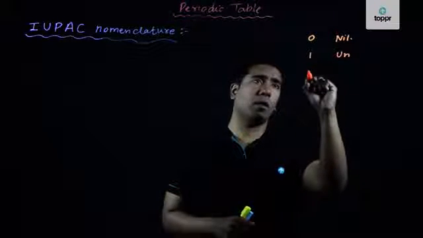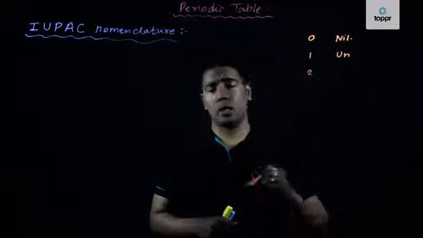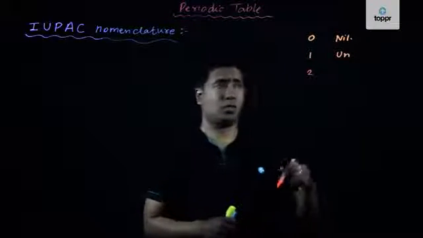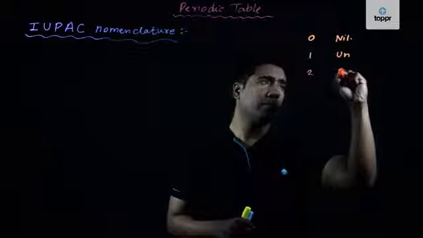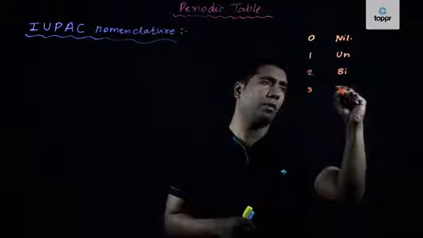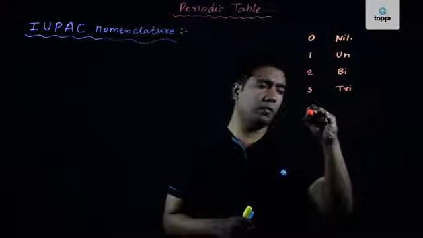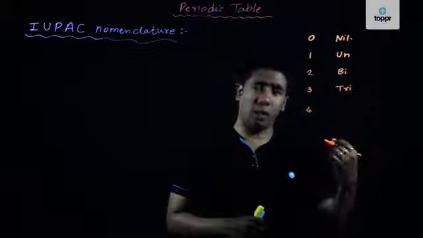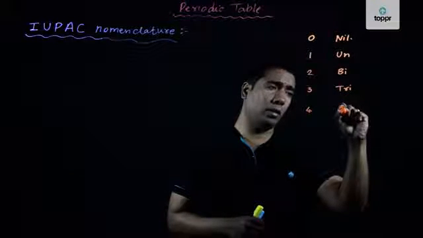Second, when we use the number 2 during the IUPAC nomenclature, its name should start with bi. The number 3, then it will obviously be tri. The number 4, so instead of tetra, we will be writing it down as quad.